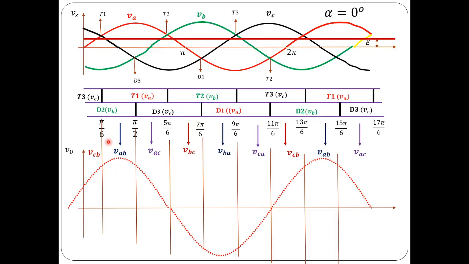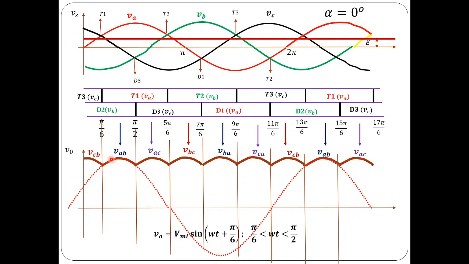So we know from pi by 6 to pi by 2, the output voltage is the same as VAB, and VAB is indicated with this dotted line. Let us indicate that the output voltage is the same as VAB from pi by 6 to pi by 2 with this kind of thick curve. The same thing would repeat for the next 60 degrees and the next 60 degrees and so on. It is a 6 pulse converter.